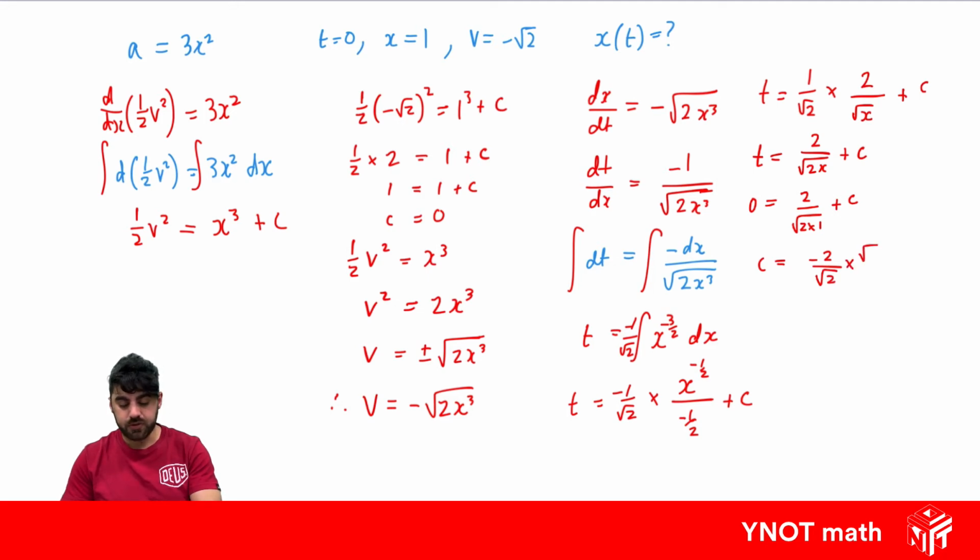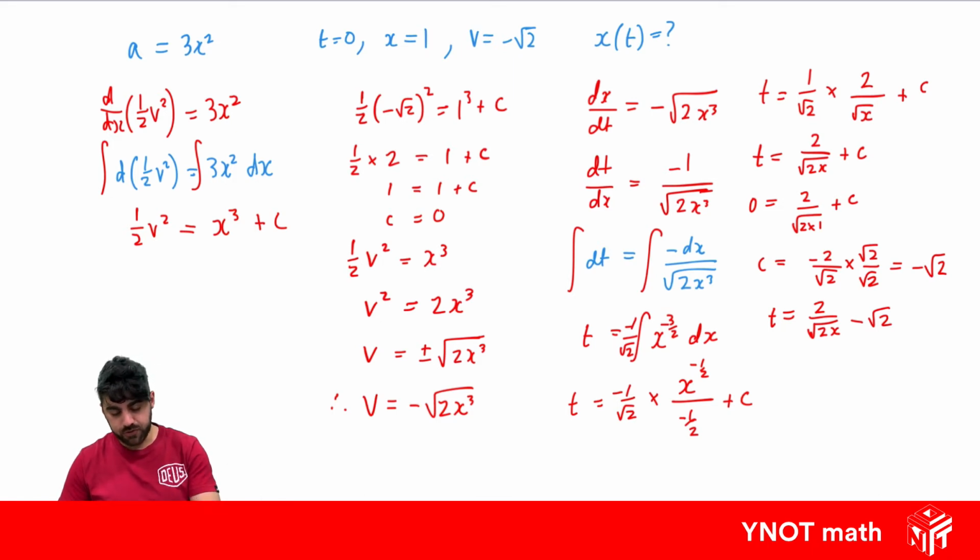And we'll just rationalize this by timesing by root 2 on root 2. And this is just going to give us minus root 2. We'll sub it back in. So we know t is equal to 2 over root 2x minus root 2.